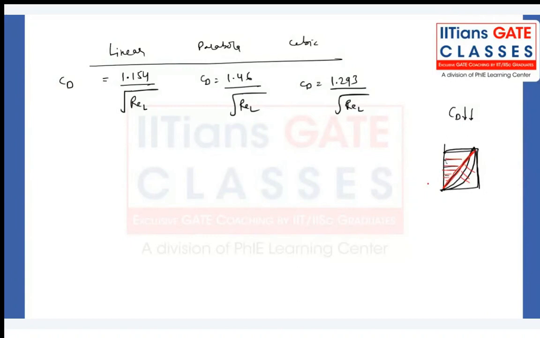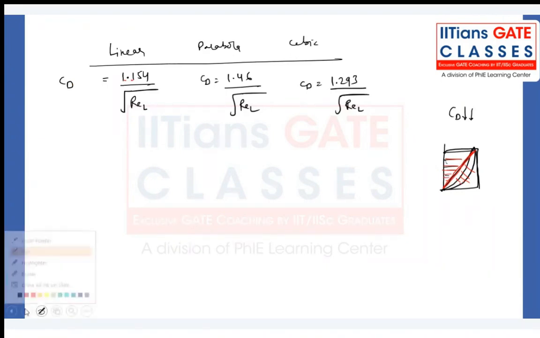Or is it something else? Tell me, guys. A very good observation. By looking at the values, see the CD value 1.154. It is very less as compared to parabola and cubical. But is it not looking like a contradictory statement to the discussion I have made?